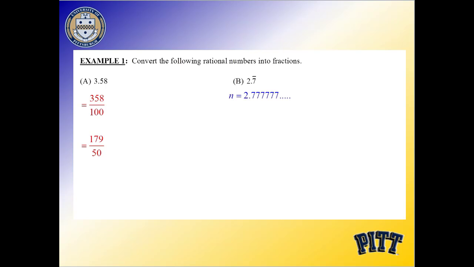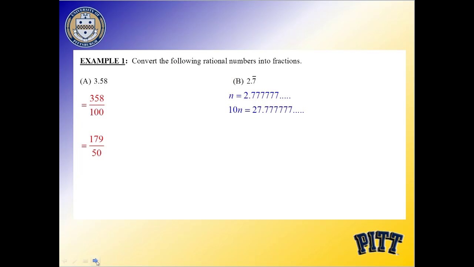So we start with defining n as being the number we're looking for. Now we eventually want to write n as an improper fraction. So I write out the number and I say, okay, well, I have the repeating pattern of 7. So if I were to take this number n and multiply it by 10, I'd have 27.777. So I basically have that same infinite number of 7s to the right. And that's the crazy thing about infinity.